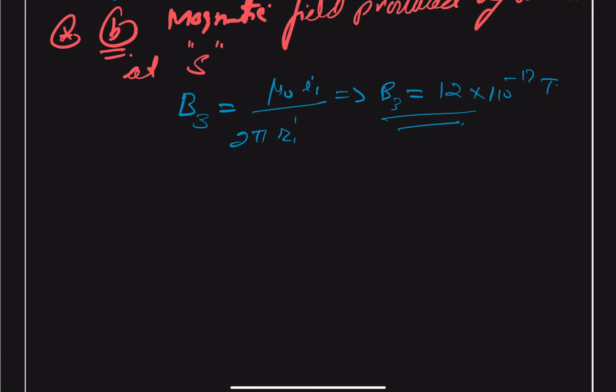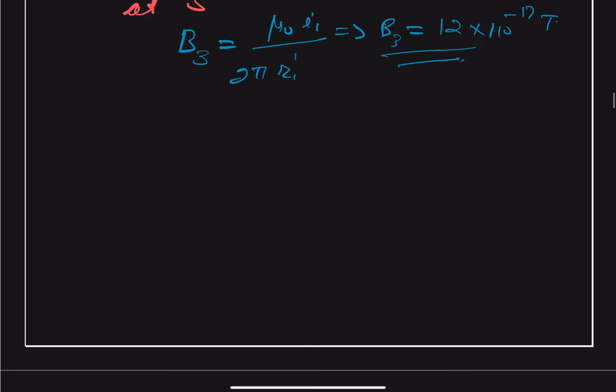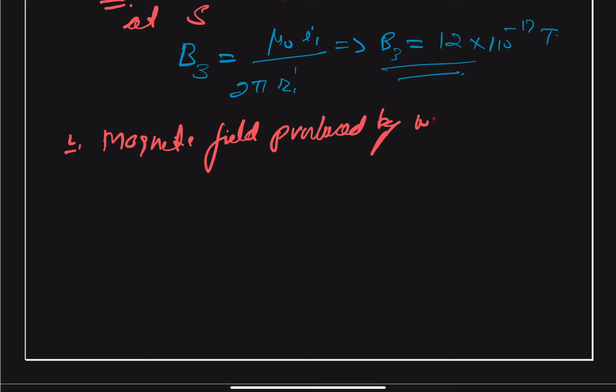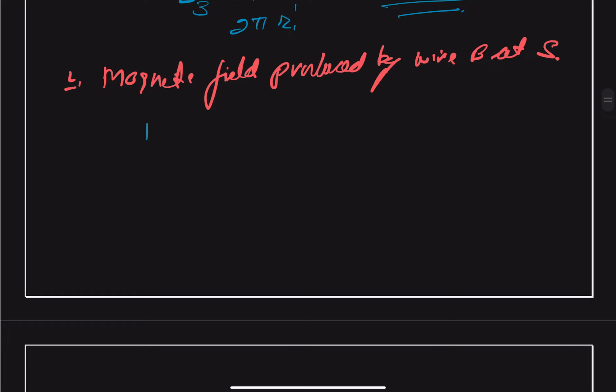Similarly, we can find out the magnetic field produced by wire B at S. Let us call that B4, and B4 will be equal to mu naught I2 divided by 2 pi R2 prime, and we get our B4 will be equal to 5 into 10 to the power minus 7 Tesla.